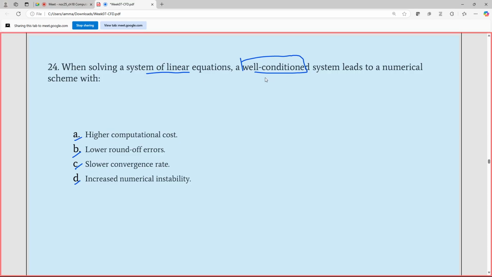We have discussed well-conditionedness, ill-posed systems, all those things in the previous sessions. So in that context, what will be the result of a well-conditioned system?